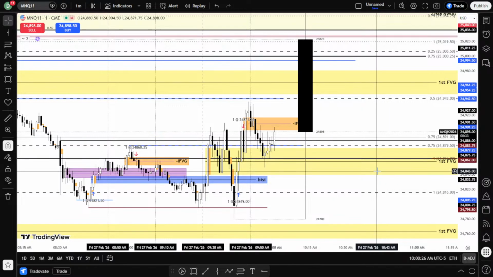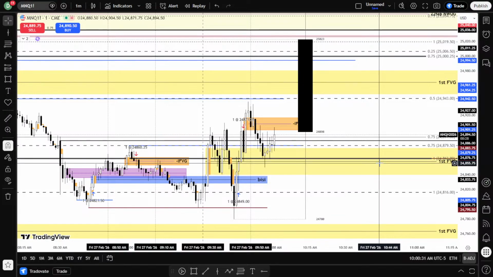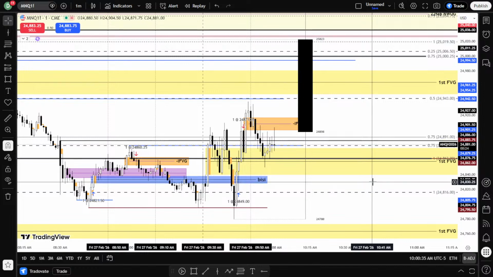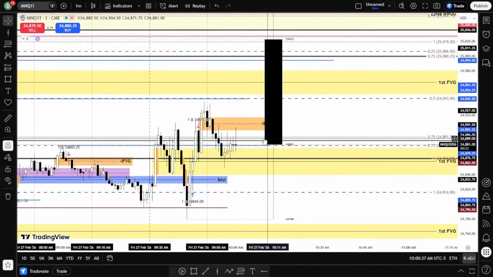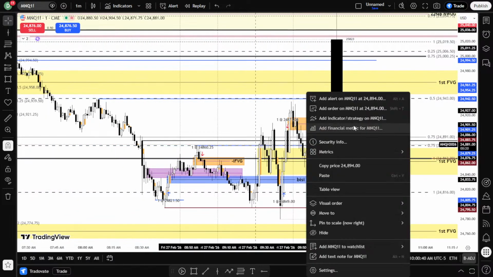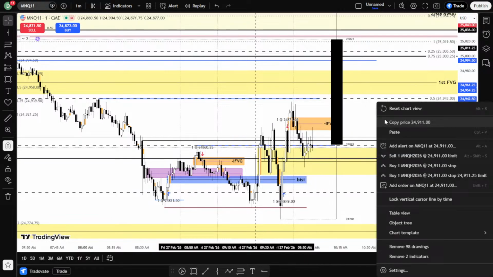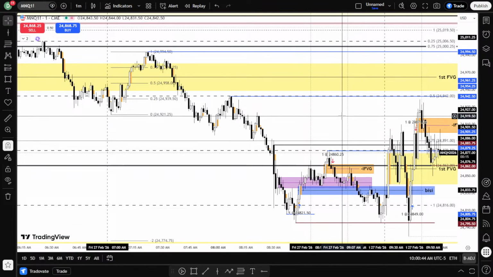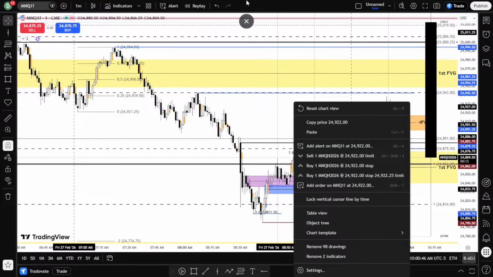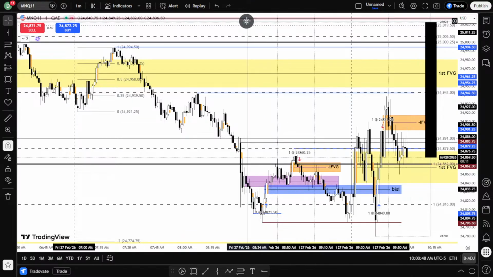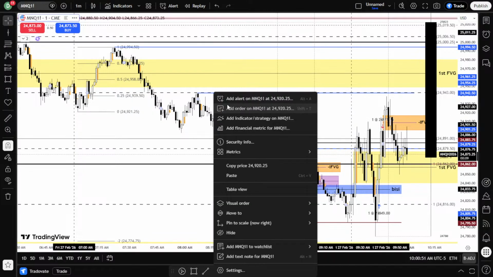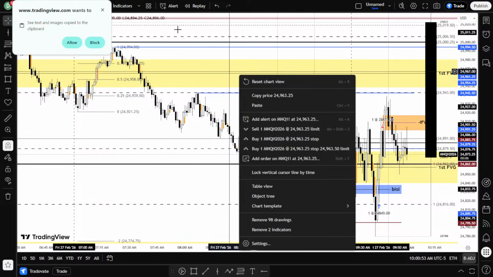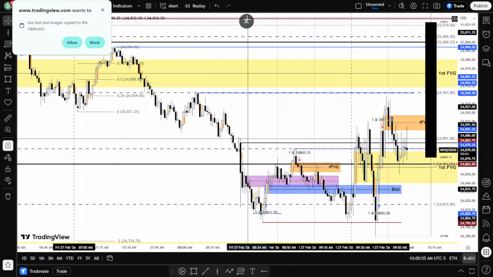And as you can see, this inefficiency right here, including the volume imbalance. That's it man, that's it. I'm done for the day. Trading is not about doing more, it is about doing less, and less is more in this industry.